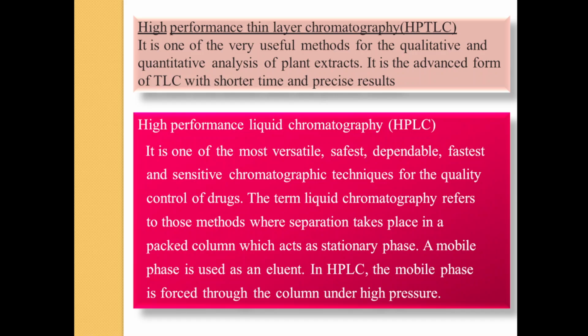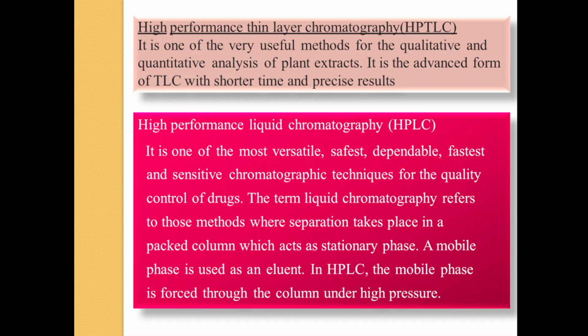So the extract will run over the column, and according to their affinity towards the stationary phase, different constituents will run at different rates and get separated. When they reach their lambda max, they will produce a peak, and from that we can identify the drug. Different constituents we can collect as they get separated on the column.